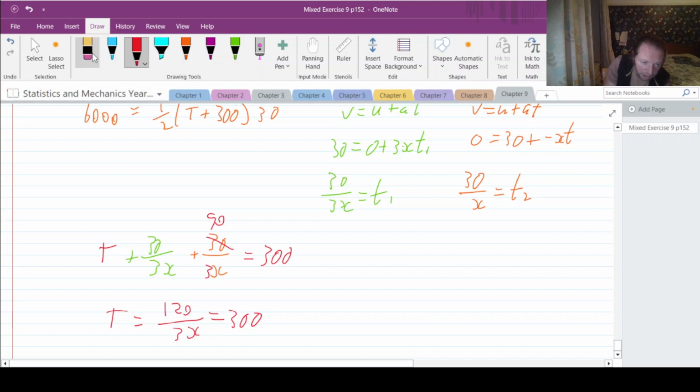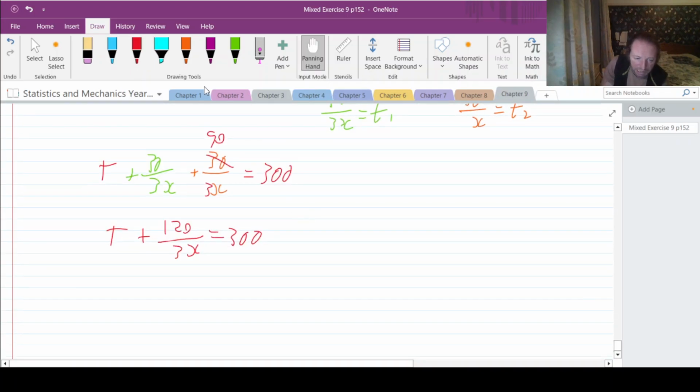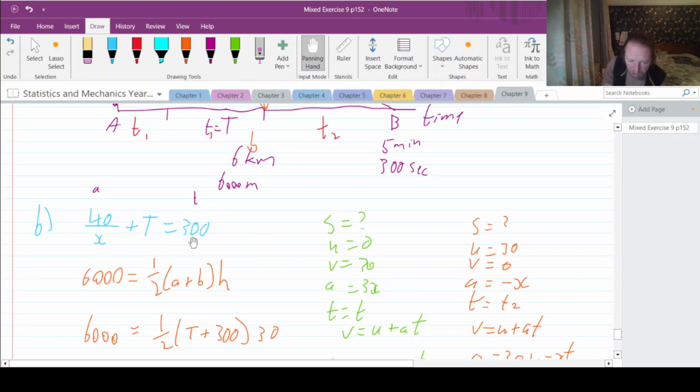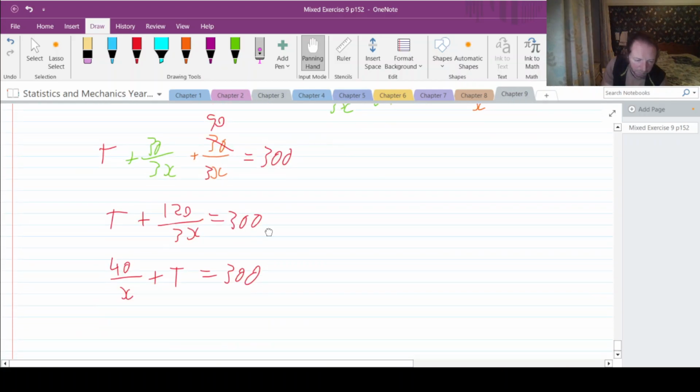That should be a plus, not an equals. And so with the cancelling on that, we end up with 40 over x, plus t equals 300. So it's spotting not for the distance of 6,000, but the total time of 300 seconds to put it together.